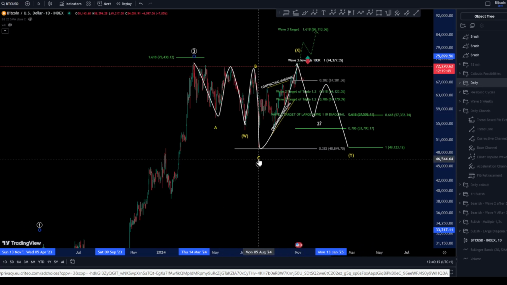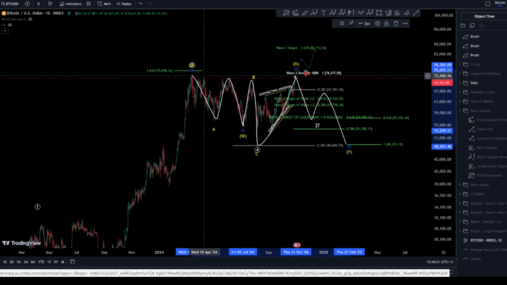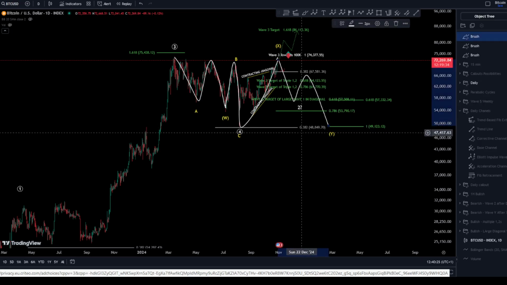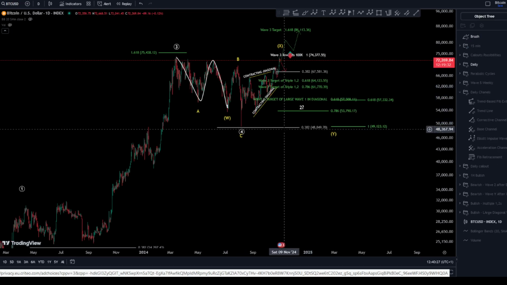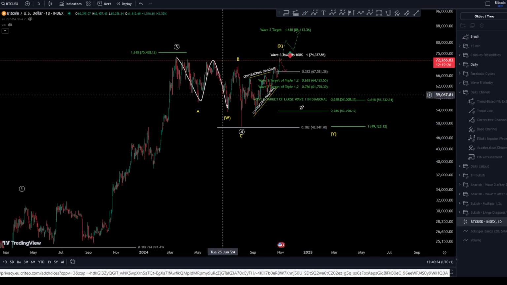Very possible. However, this scenario is not really very bearish, and it means we're going to stay in the impulse for a wave 4. However, we can get a tiny bit lower price here than what we get here.